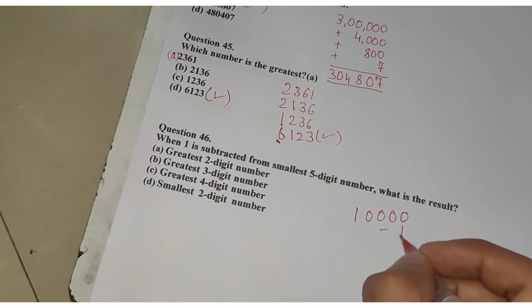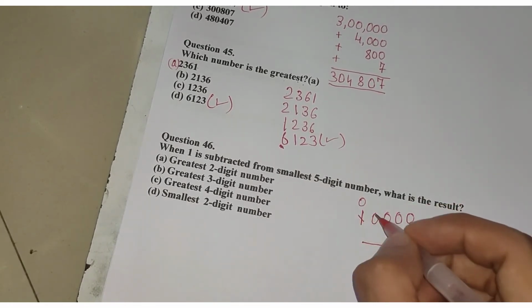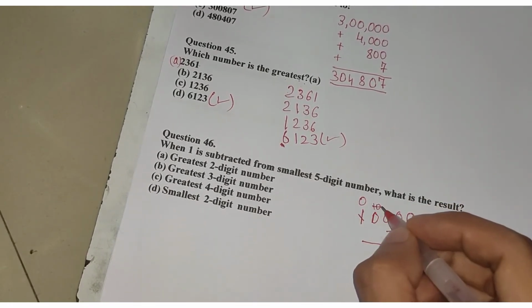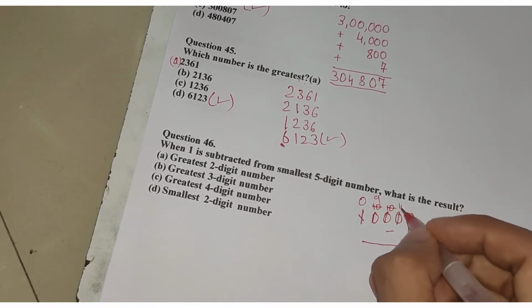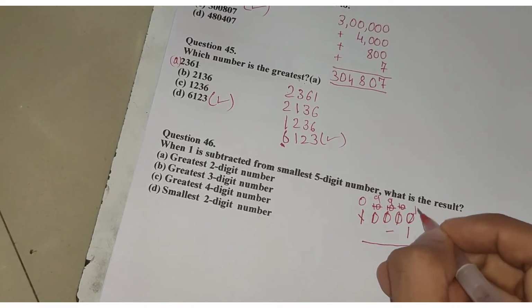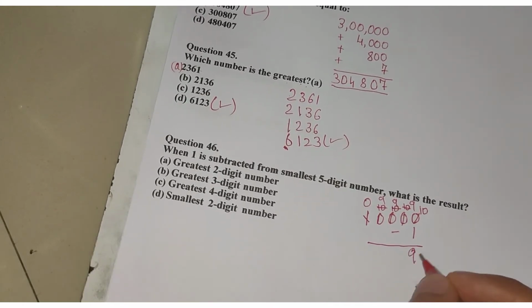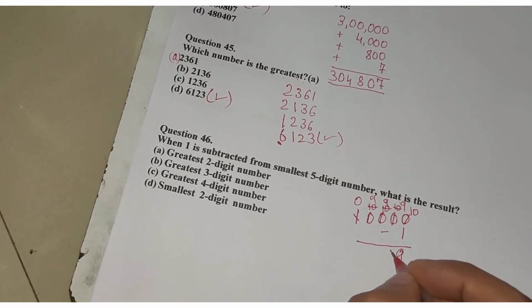After that, we have to subtract 1 from here. Now 0 can't subtract 1, so it will get a carry from here. So this becomes 10. Again this gets a carry, this becomes 10, this becomes 9. Again this carries to this, so this becomes 10 and this becomes 9. Now 10 minus 1 is 9, and the rest, 3 nines, are there.